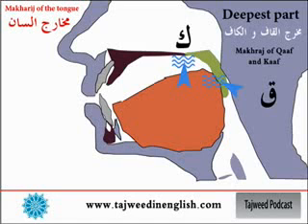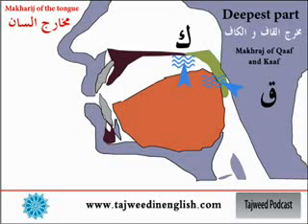Now the next part is the kaf. The kaf is slightly the same makhraj, but a little bit different from the qaf. First, the kaf is an empty mouth. Second, the kaf touches the bone of the roof of the mouth, which is further towards the lips, I'm sorry.